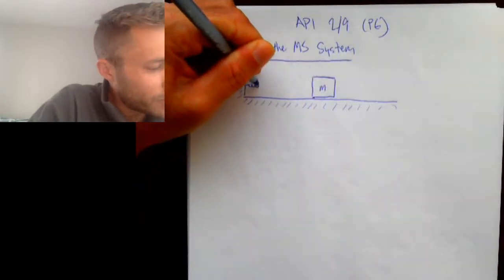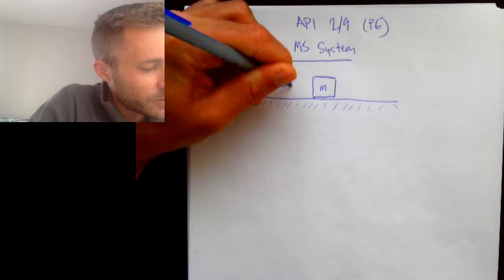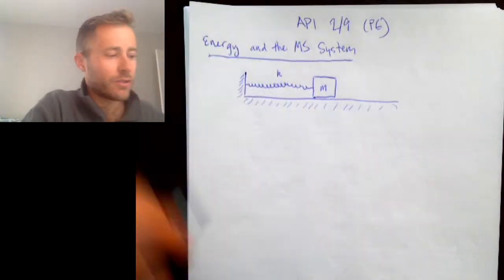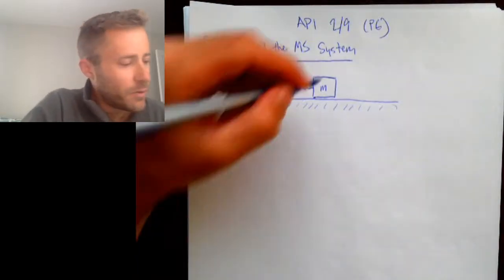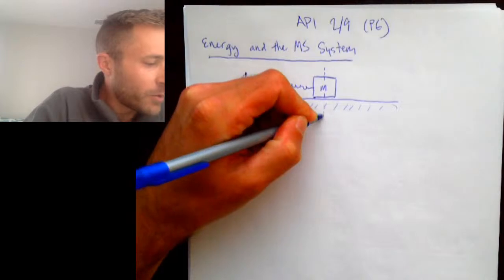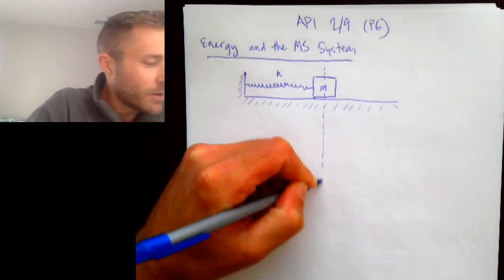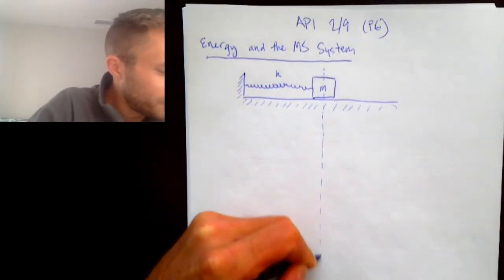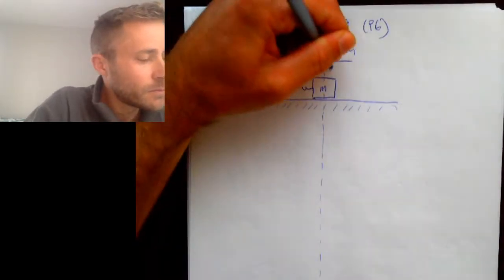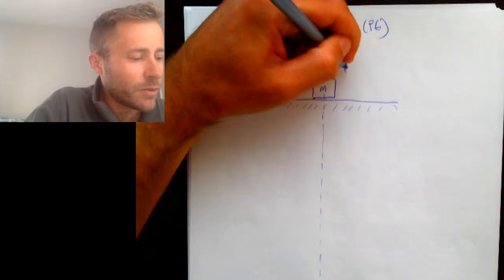And then there's a spring of stiffness K, which is attached to it. Now, where the mass is right now, I am going to call that x equals 0. And that is the equilibrium position.